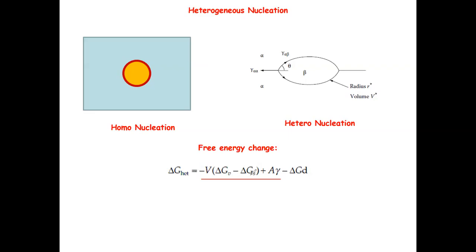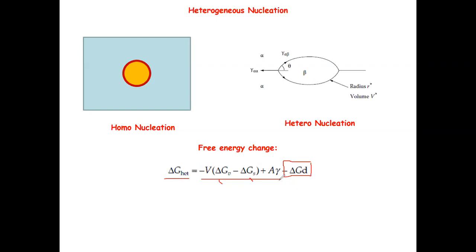One is the increase. Now, in general, because we form the beta phase at a defect, this defect will bring down the free energy change, or in a certain sense favor a lower energy associated with the defect.